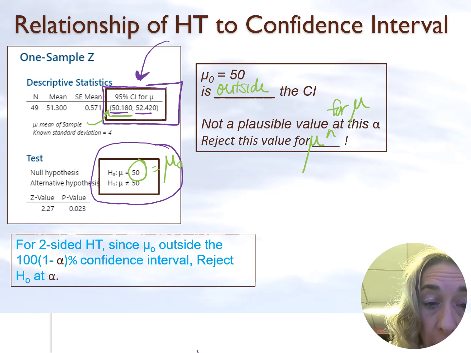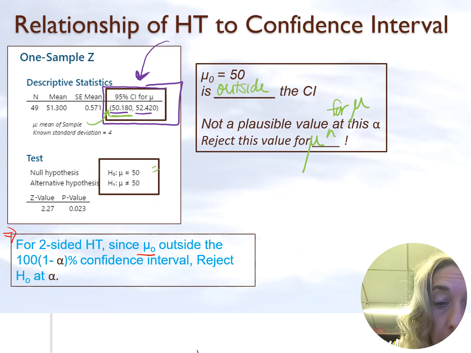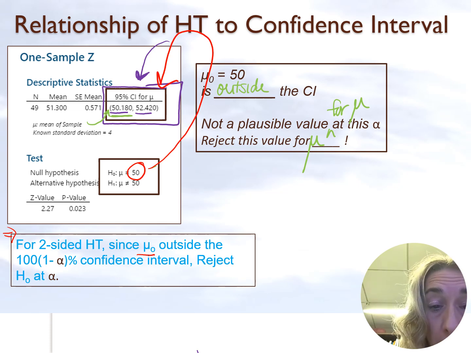We are going to reject mu equal 50. Okay, so putting that into more formal language, if you have a two-sided hypothesis test, and if your mu naught, or what you are hypothesizing, is outside of your 100 times 1 minus alpha % confidence interval, then you're going to reject that null hypothesis at alpha that says that mu equal mu naught, because it's not a plausible value.